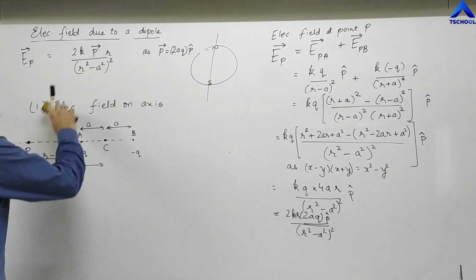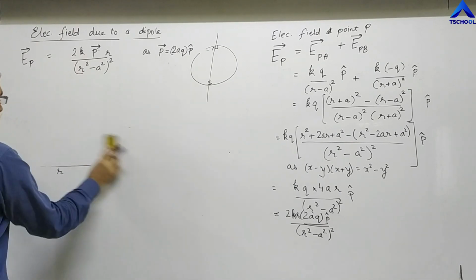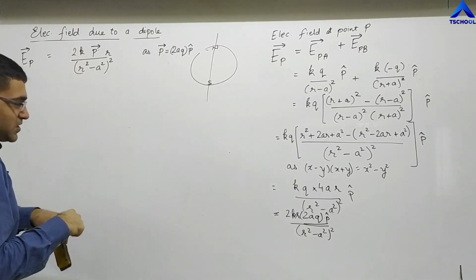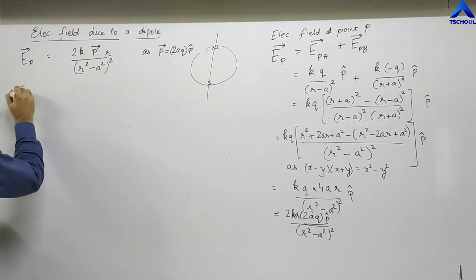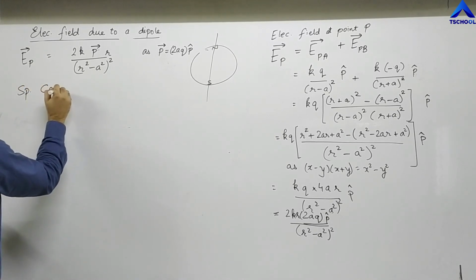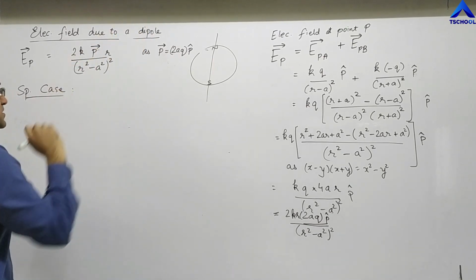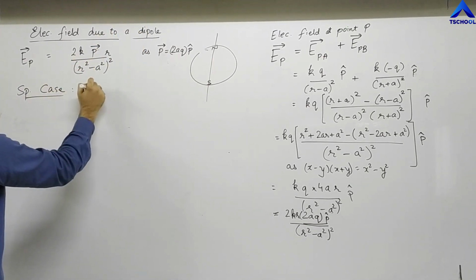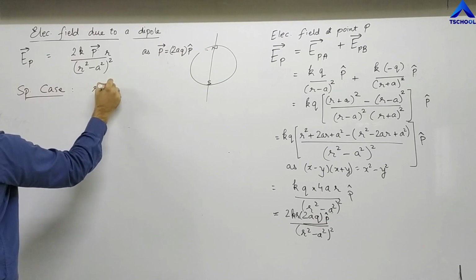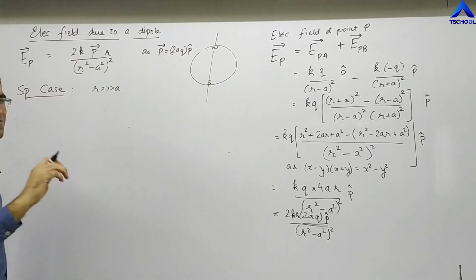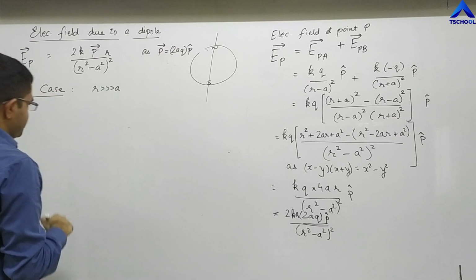Now that we have reached here, I want to derive a special case of this formula. So let's see what that special case is. Very easy one. What if the point that we are talking about is very, very far? What do I mean?